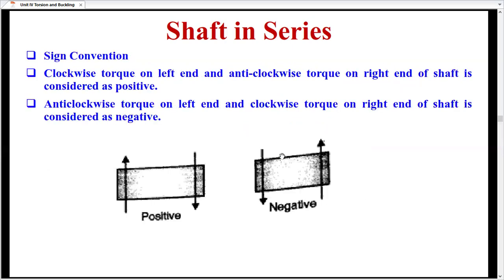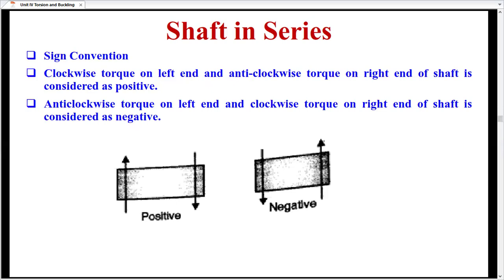Now look at the sign conventions. We take clockwise torque on the left hand and anti-clockwise torque on the right hand. If you apply the left hand thumb rule, when the rotation of that torque is away from the axis, it will be negative.